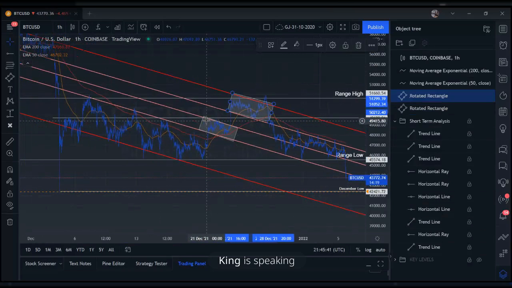I think, let me think about it for a second. If you have a range, you kind of know where the limits of the range should be, so you might be able to play higher risk in those areas.